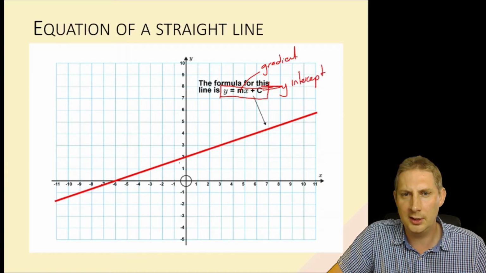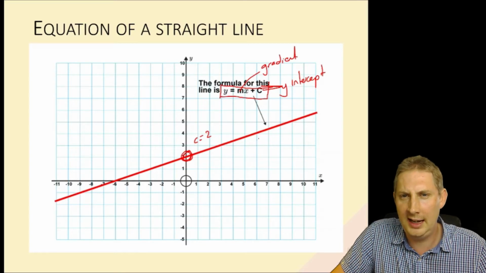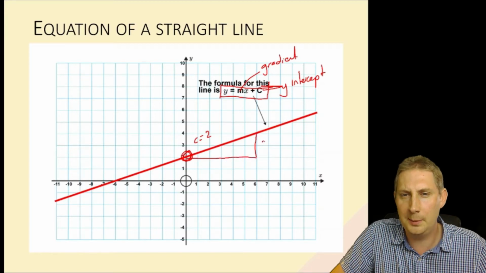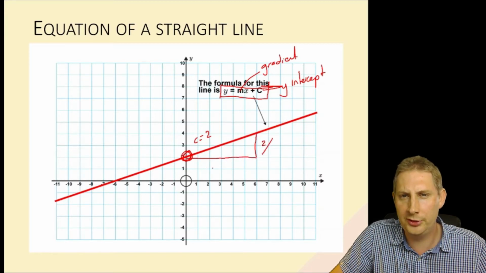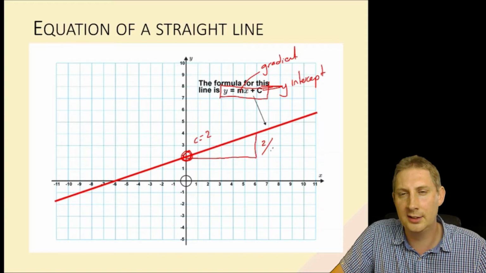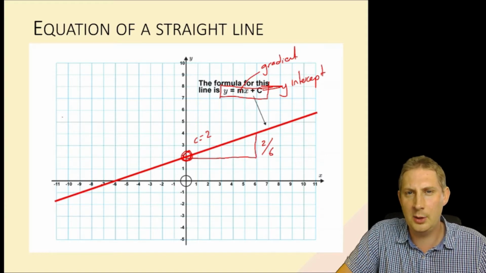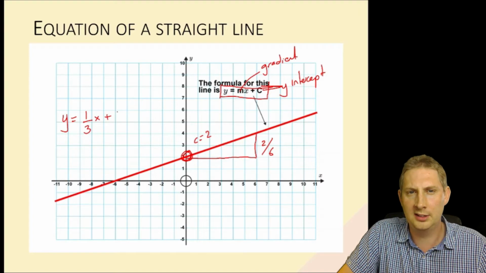So here it's crossing the y-axis at 2, so we know that c is 2. And if we look at the gradient here, it is going up 2 in 6, 2 over 6. So therefore the equation for this is y equals a third x plus 2.